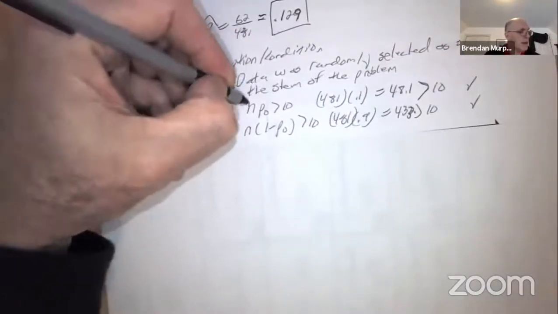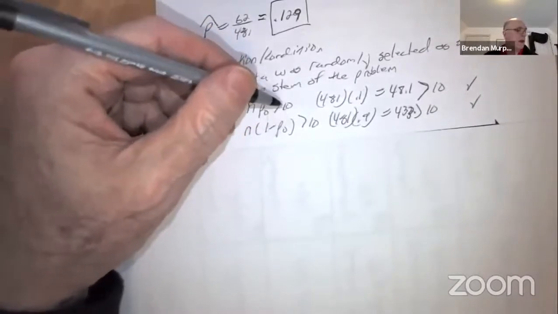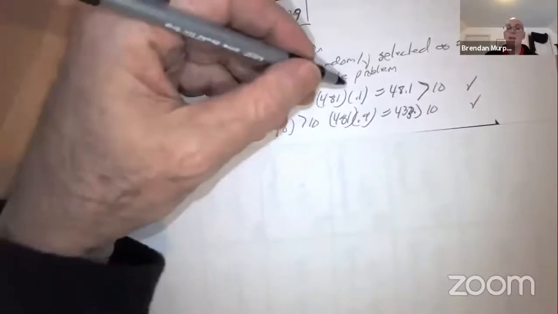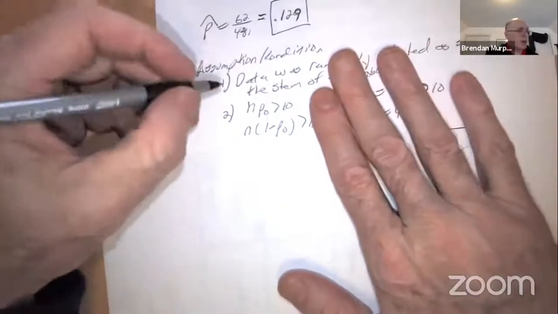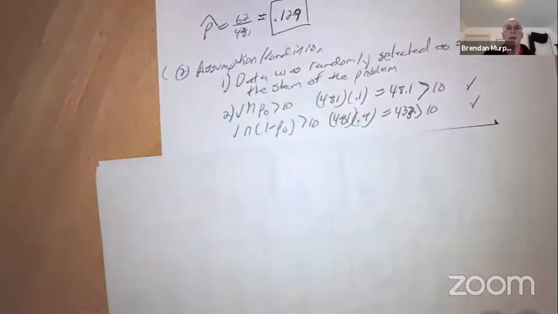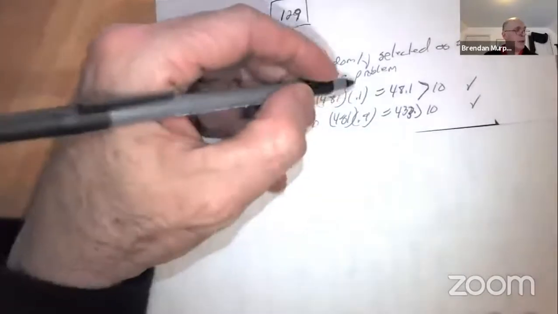So my sample size times P sub naught, I call these the NP checks, okay? And we actually need to see your numbers in math. So you can't kind of just stop here and put a check mark and a check mark. We want to see that you've plugged in the correct numbers and done some math. So I said 481 times 0.10, or 0.1.